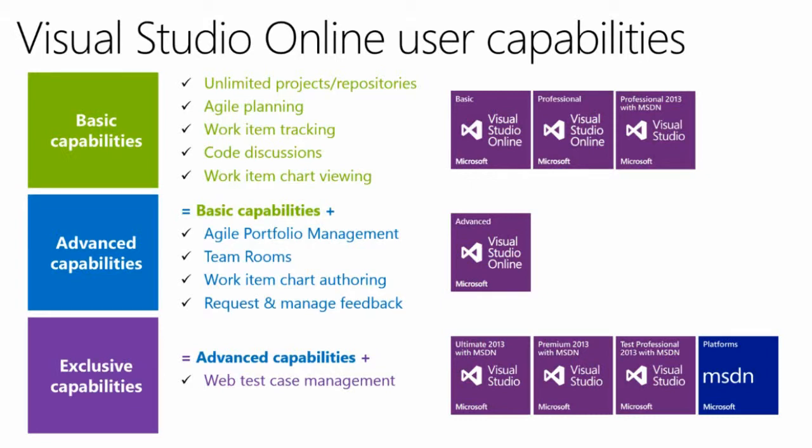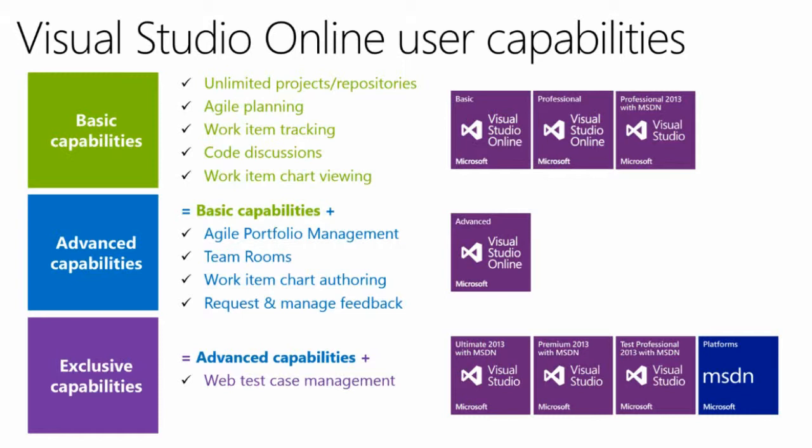Now, we also have a set of exclusive capabilities for MSDN subscribers, which allow you to have the advanced and basic capabilities. And right now, the one exclusive capability that we have is web test case management. So that's available with Visual Studio Ultimate, Premium, Test Professional with MSDN, and then our new offering, which is MSDN Platforms. And so this is how you get access to the capabilities of Visual Studio Online.